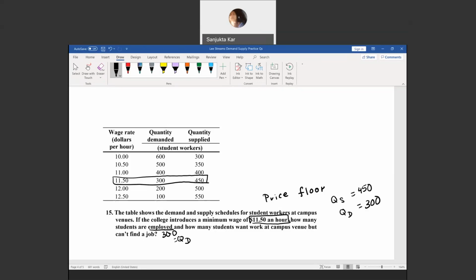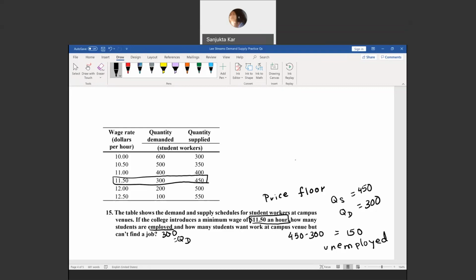How many students want to work but can't find a job? This is going to be 450 minus 300, that's equal to 150. 150 students are unemployed.